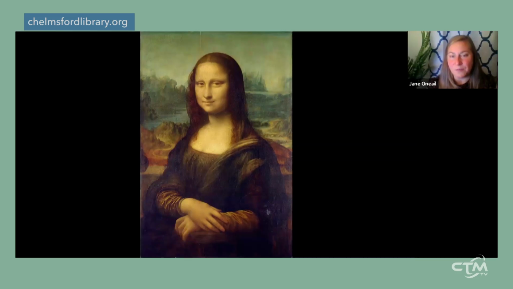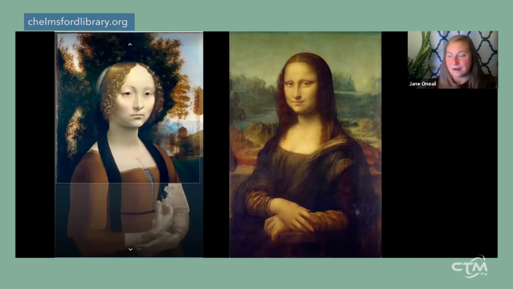And actually, let's go back to this side-by-side comparison here. We can see what has sort of stayed true here. We have the inclusion of the hands here in these kind of delicate poses that speak to the character of the individuals that he was painting. But we also have major differences. Notice now this kind of fantastical expanse of landscape behind the Mona Lisa.